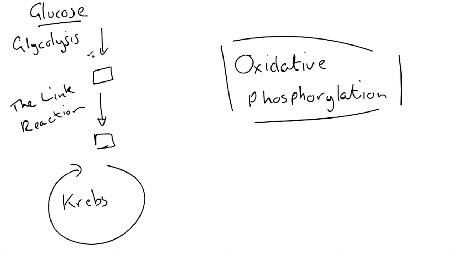So these first three stages in aerobic respiration are all part of a production line. Oxidative phosphorylation isn't. The products, or some products from all these stages, go over to this. Okay, so I'll try and squeeze these on. Remember, the whole point of respiration is to make from this lots and lots of ATP.